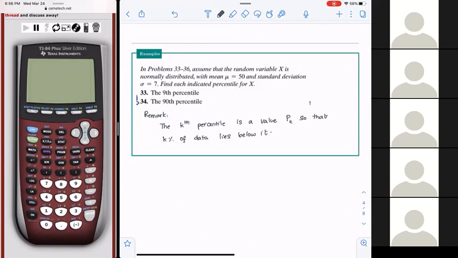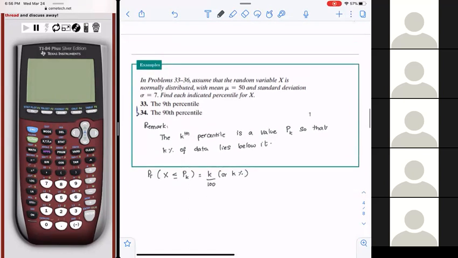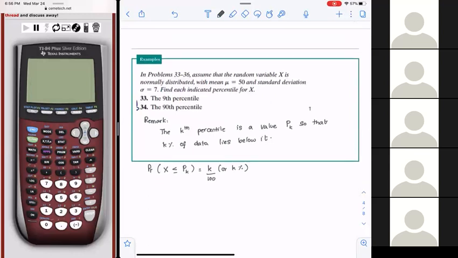So in other words, the probability of x less than or equal to P sub k must be equal to k%, or k over 100. What do I mean by finding P sub k?